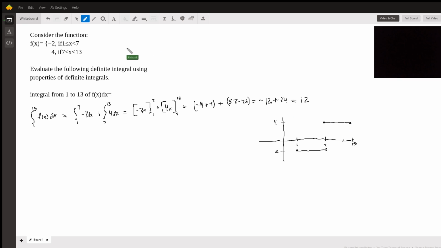So now if I asked you, okay, well, what's the area under the curve? Well, you don't have to have any calculus at all. You can just use geometry. And you'd say, well, this is a rectangular area here, this space.